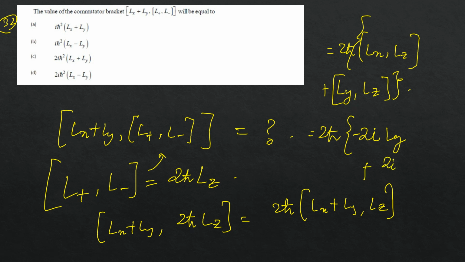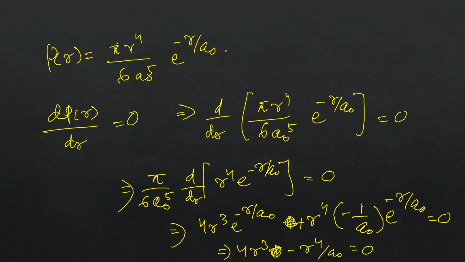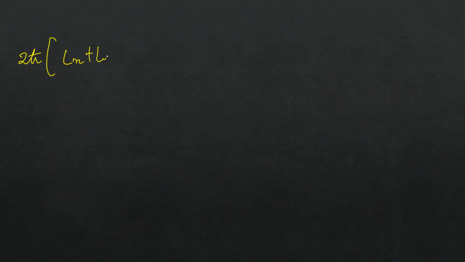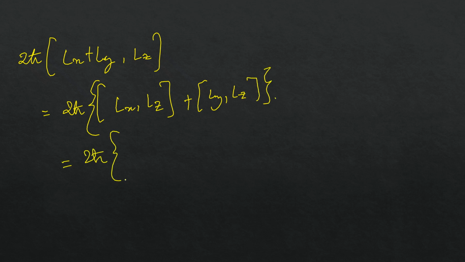Plus [Ly, Lz] is iħ Lx, as y and z are in the right order. So 2ħ times (-iħ Ly plus iħ Lx).